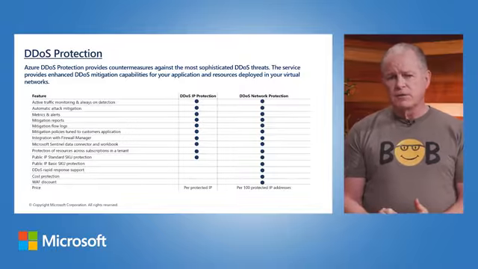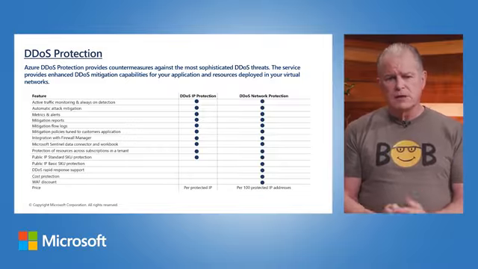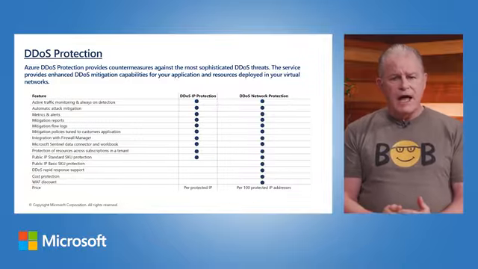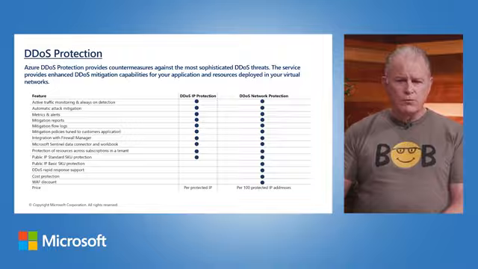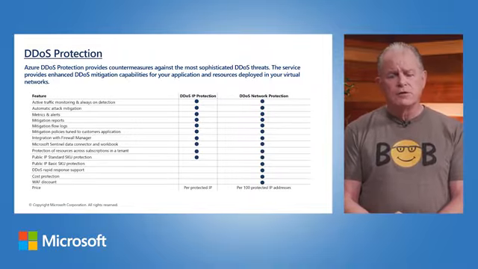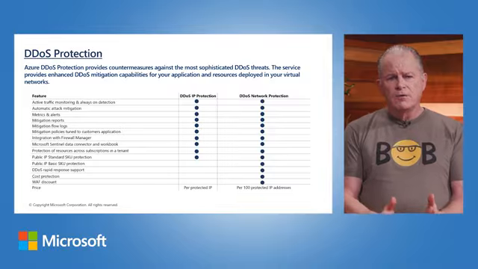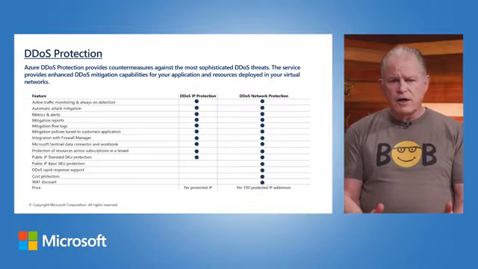That's where the SLAs that we've talked about throughout this series are important to you, because we guarantee that you're going to get a specific level of service regardless of what's going on with other users of Azure itself. So the DDoS protection is generally available for everybody.